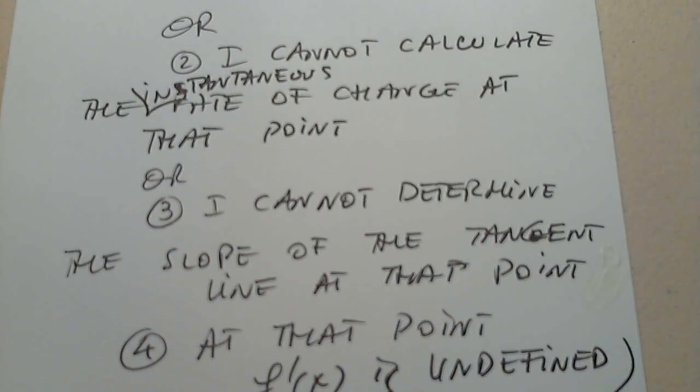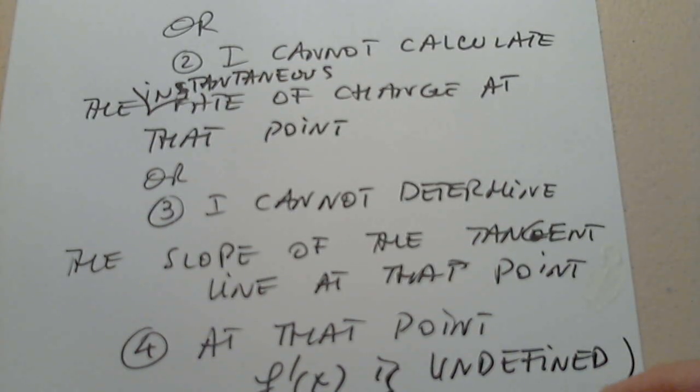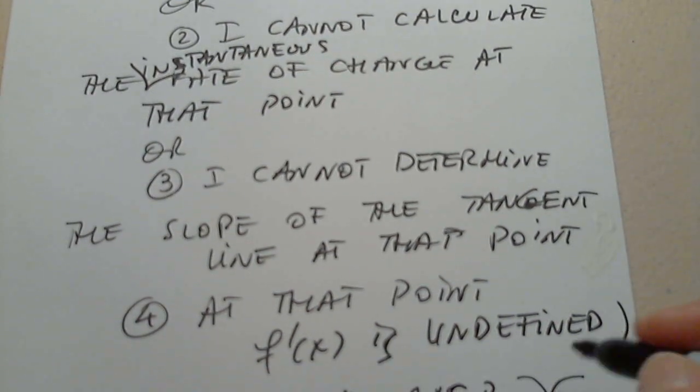So a function is not differentiable at a point if it has a cusp. What is a cusp? Like between two teeth. You can say here that it has a vertical tangent, the same thing.